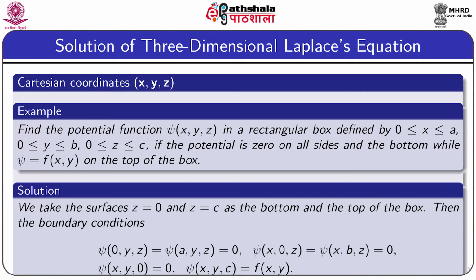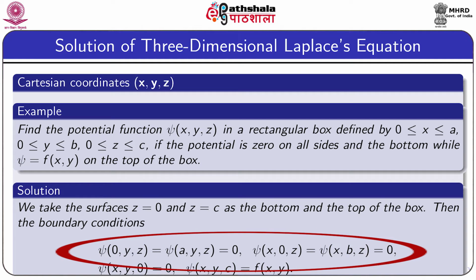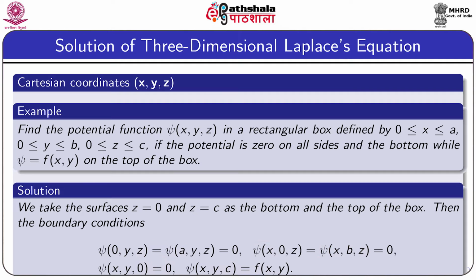If psi represents the potential function, which is a function of x, y and z, then psi at x equals 0 is 0, psi at x equals a is 0, psi at y equals 0 is 0, psi at y equals b is 0, and psi at z equals 0 is 0, but psi at z equals c is a function of x, y, which is represented by the function small f.